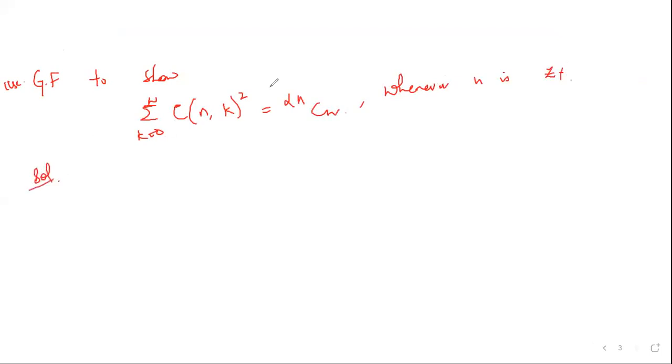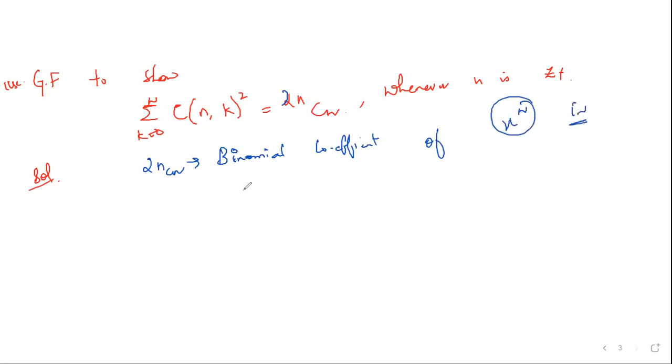Now for this solution, what we are supposed to do is, we know what the coefficient is, so we are taking this side and we are saying that 2nCn is the binomial coefficient of x power n in the formula (1 plus x) whole power 2n.